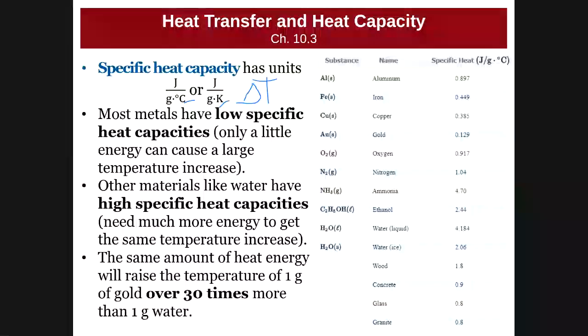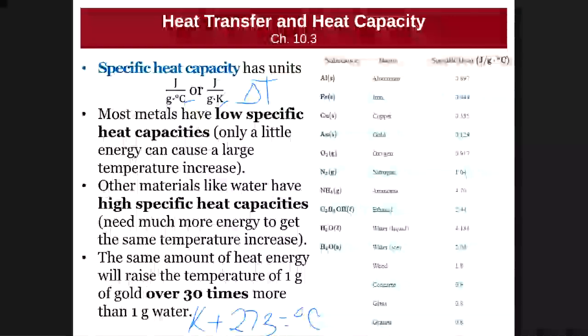You add 273 to your degrees Celsius to get Kelvin. Because it's an addition, when we have a difference, the difference doesn't matter.